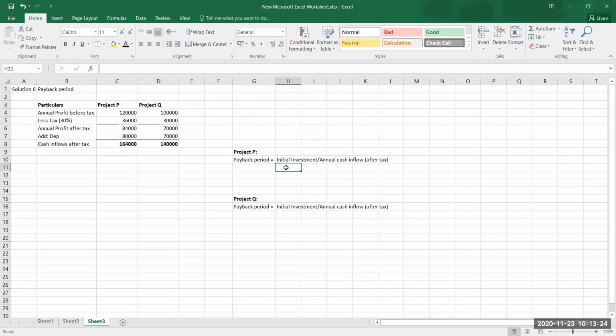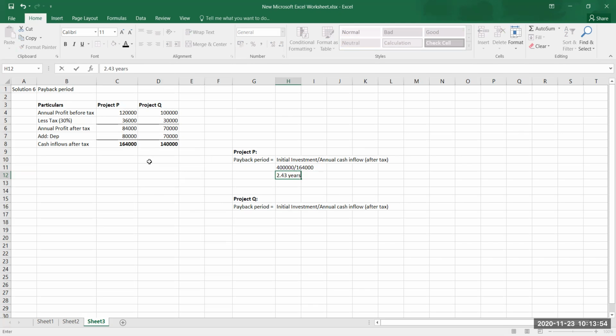So your answer will be the initial investment. How much was the initial investment? If you see the problem on top, the cash outflow is your investment. It is given as 4 lakh rupees, divided by the annual cash inflows we have calculated for project P, that is 1,64,000. If you divide this, you will get 2.43 years.